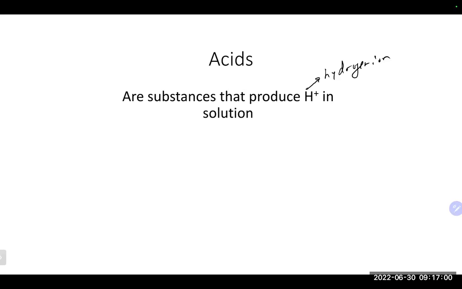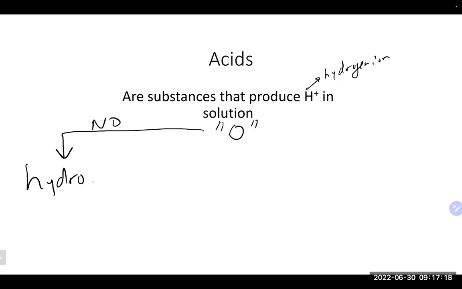So oxygen is the major thing that you look at when you're naming acids. So it's really all about oxygen. And if the answer is no, we do not have oxygen, the way that the acid is named is hydro to start with, something ic acid.